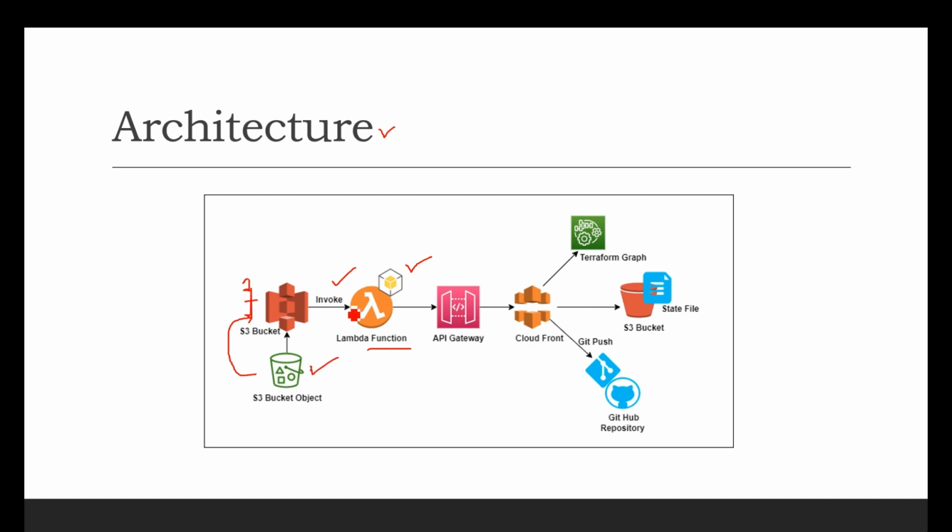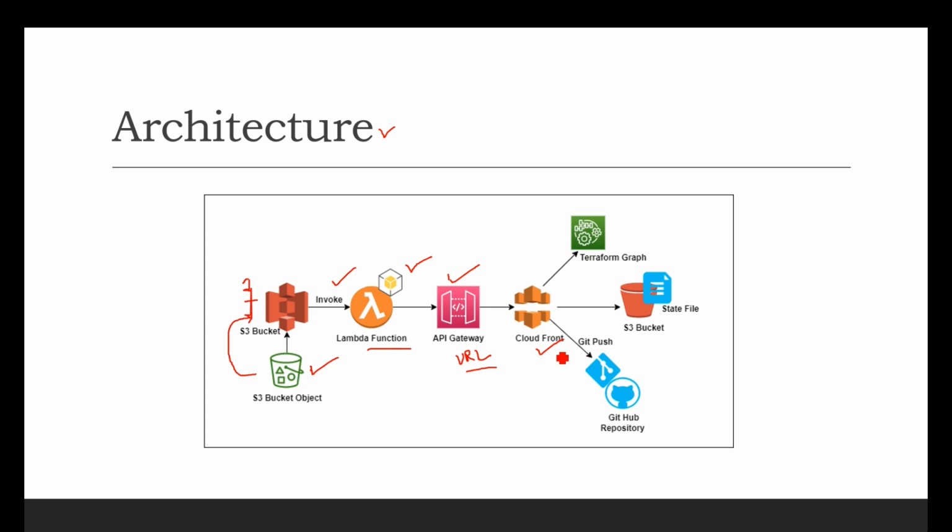Once this task is done, it will call the API. Once the API Gateway is called, it will give the URL to display the content written in the object. But that API URL is not enough. I want to redirect it through a caching service, that is CloudFront.